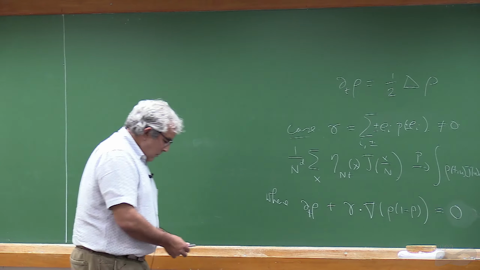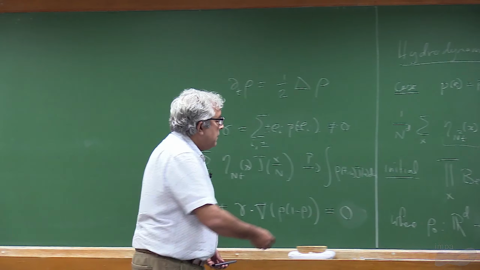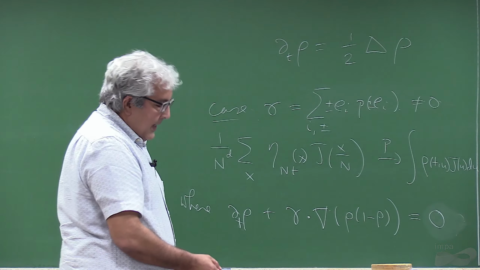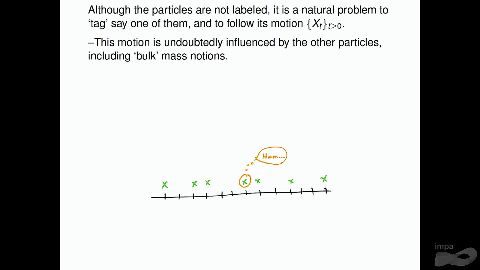Okay, so this is the bulk mass description, and so one would like to follow maybe a single particle, just color it differently, and it's not Markovian in general because it's influenced by the other particles.